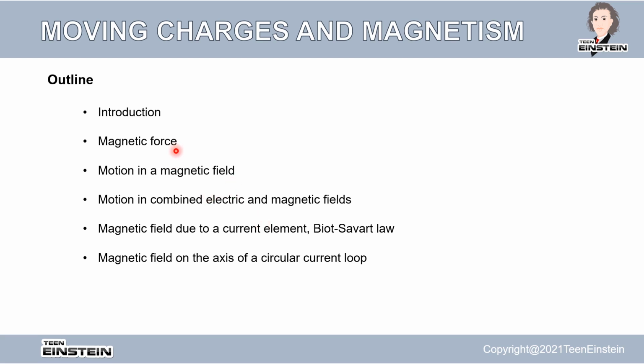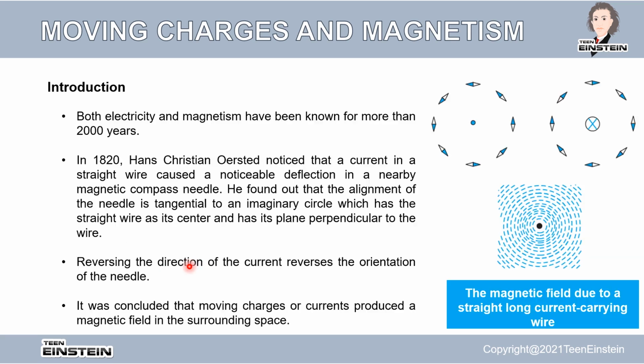We will talk about magnetic force first, then motion of a charged particle in a magnetic field, motion in combined electric and magnetic fields, then magnetic field due to a current element, the Biot-Savart law. This is similar to Coulomb's law and Gauss's law, which we studied in electrostatics. Finally, we will talk about the magnetic field on the axis of a circular current loop.